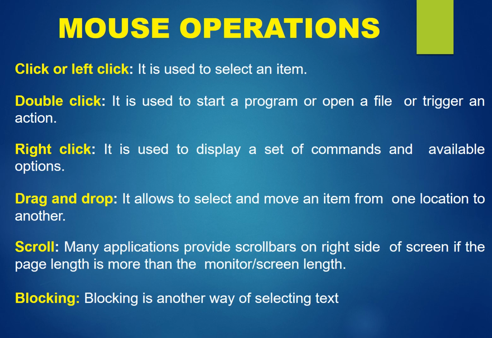Drag and drop. It allows to select and move an item from one location to another. Position the mouse on an object, hold down the left side of the mouse and drag the object. Scroll. Many applications provide scroll bars on right side of screen if the page length is more than the monitor or screen length.